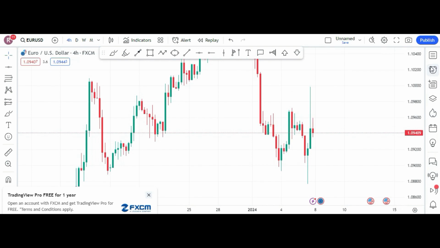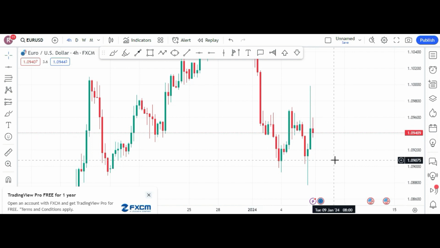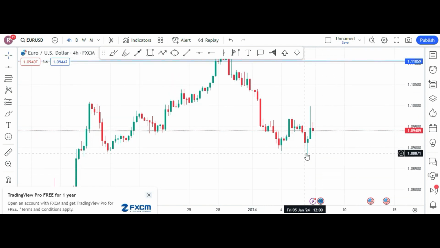In 4 hourly, if we go bullish, the market needs to break this point at least, because this is the resistance, right? After this bullishness, this created the resistance. On the other side, if it got bearish, this is the support candle, this is the resistance candle, and this is the support candle to go for bearish.